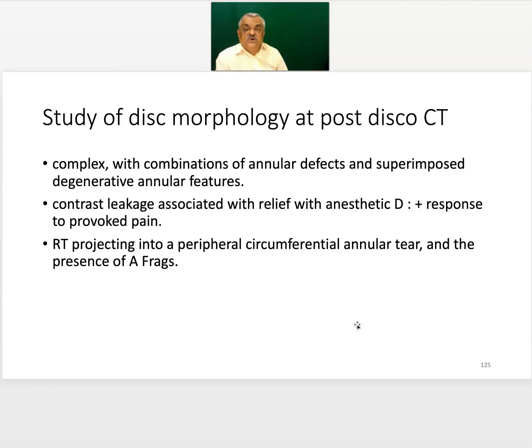And here we are going to talk about disc morphology at a posterior annulus after the discogram and CT scan has been done. What happens is, we have to remember that when we normally do a discogram, it is done under fluoroscopy, where we inject the disc and see the flow of the dye.